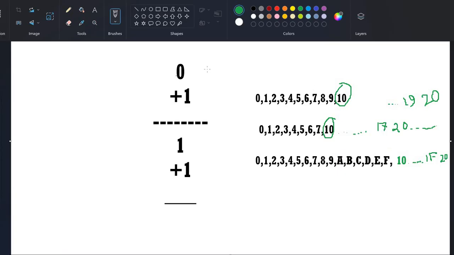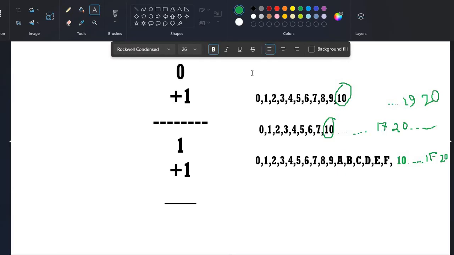Then how does the binary number system work? In the binary number system, there are two symbols or two bits, 0 and 1. And after that, the symbols are over, right? So what will come? 1, 0, similar to all these number systems. So after 0 comes 1, then 1 0.